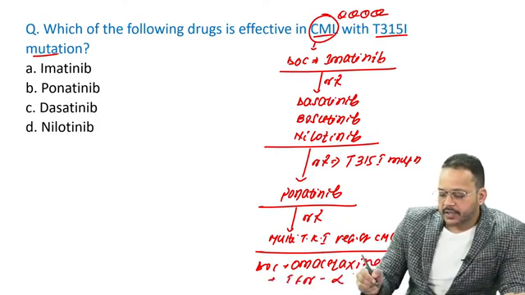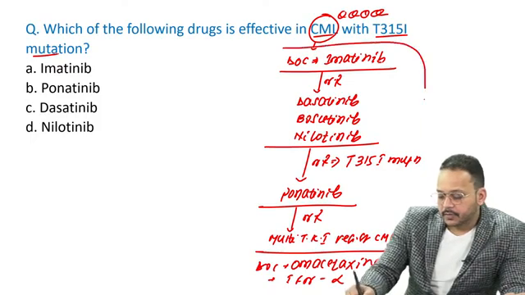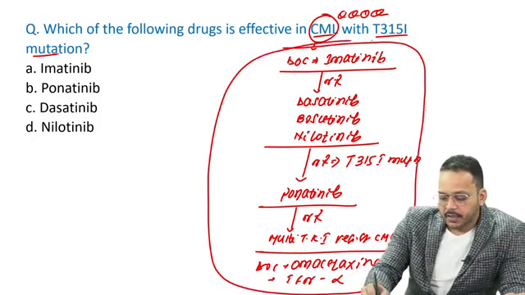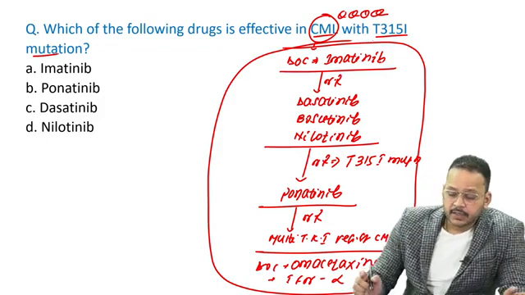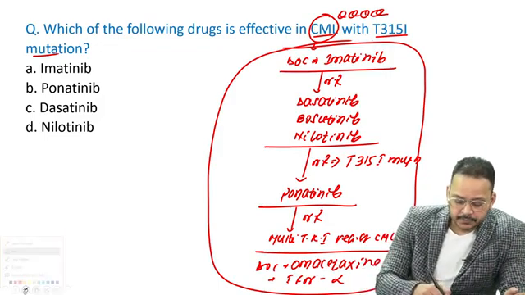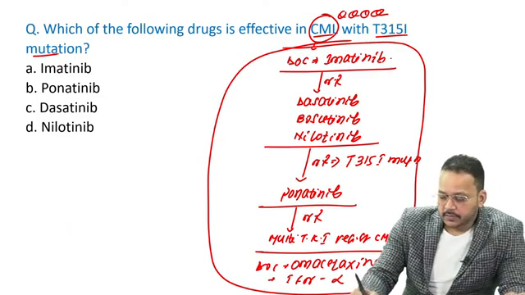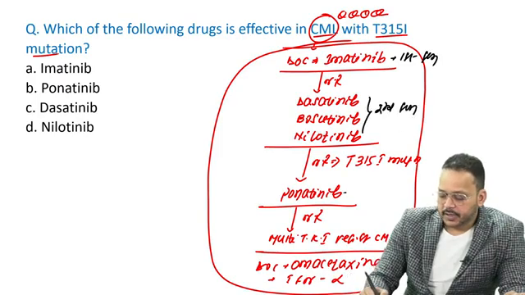I can also use interferon alpha. Guys, this is the bare minimum you should know about CML, and these are all drugs of first generation. These are second generation, and this is third generation.